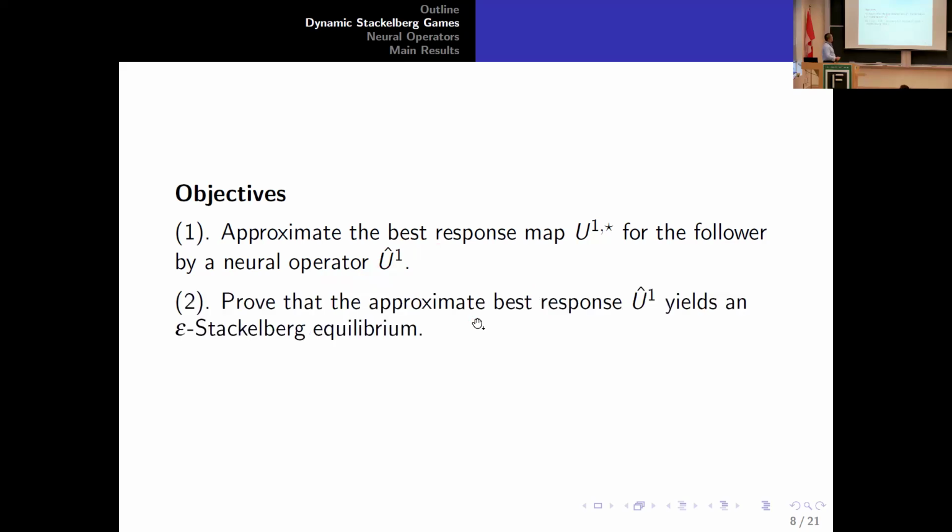The second is to prove the property of the approximate equilibrium. That means we show that the approximate best response strategy hat U1 from the neural operator can yield an epsilon Stackelberg equilibrium.